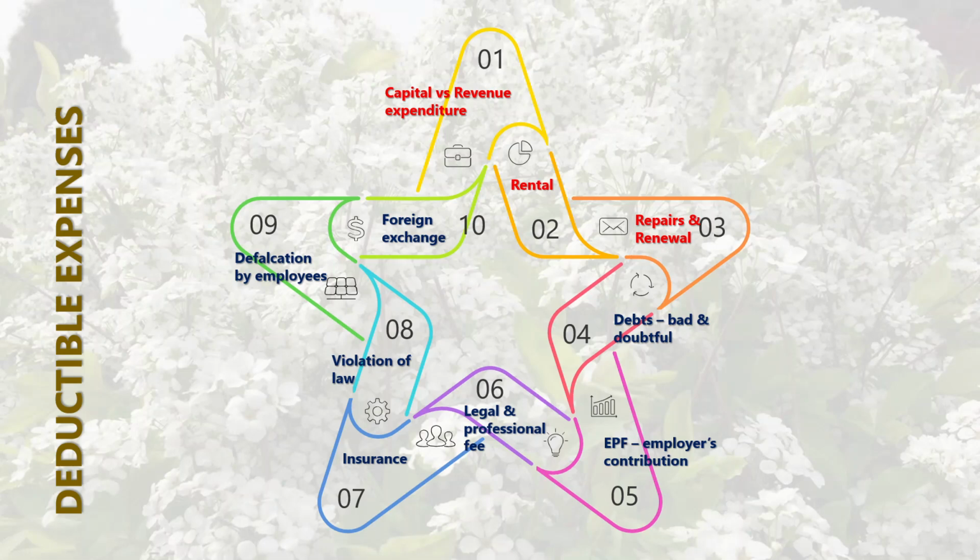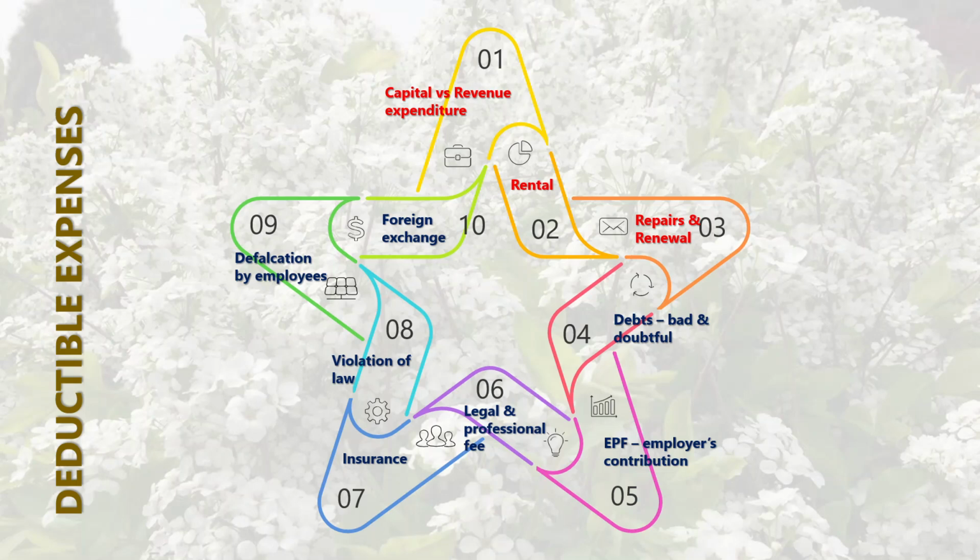Sometimes when you buy something, you just buy it for one-off use, one-off use of the services. After that, it is gone. However, sometimes you incur expenditure to buy a certain item, and this item can be used over and over again, over a few years or several years.